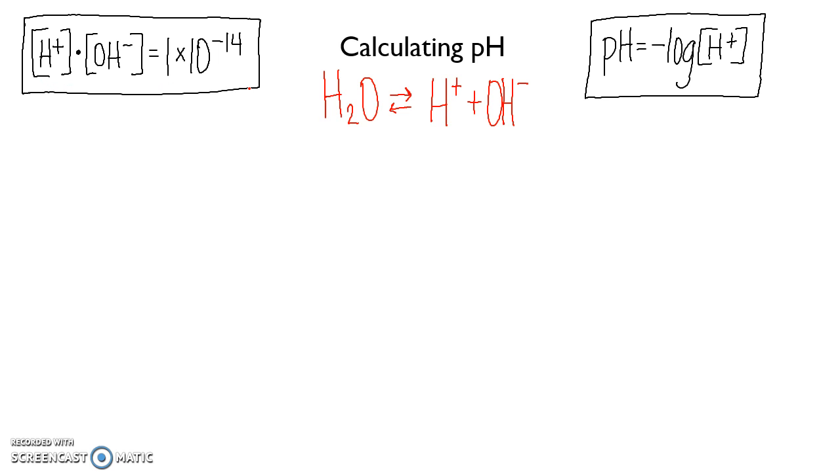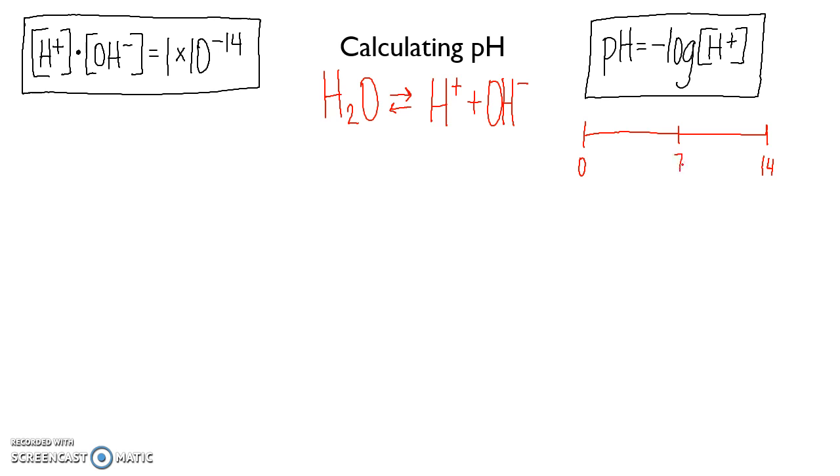This other one has to do with the actual value of pH, which is the most important part. That's what we really want to be able to calculate. Because if you remember the lab we did, if you know the pH, they go from 0 to 14, and right in the middle was 7.